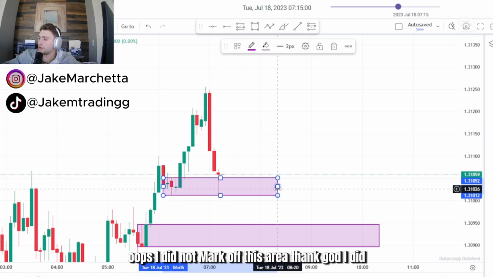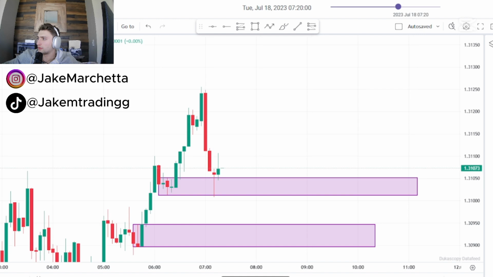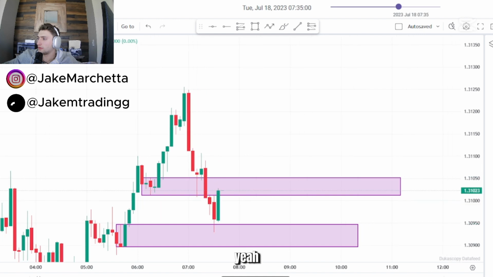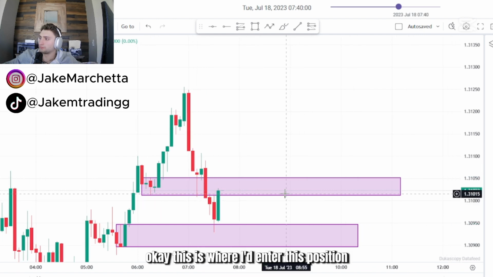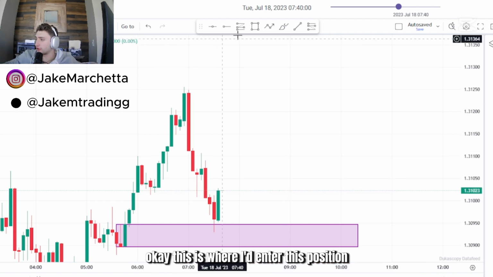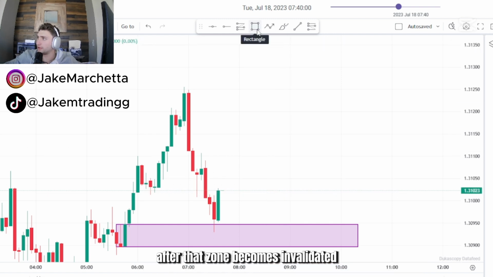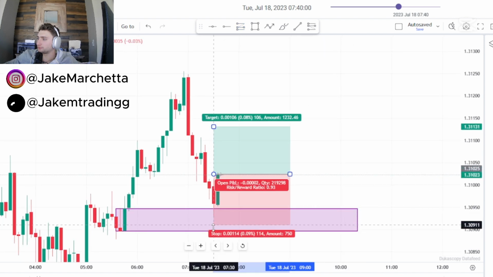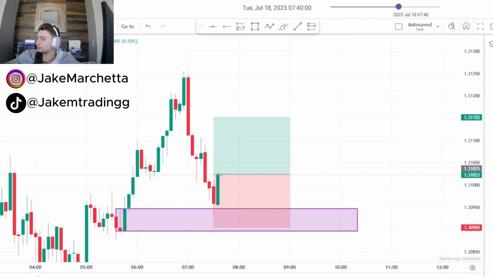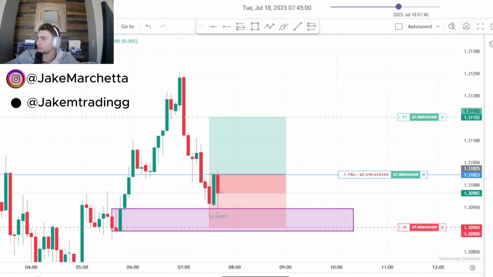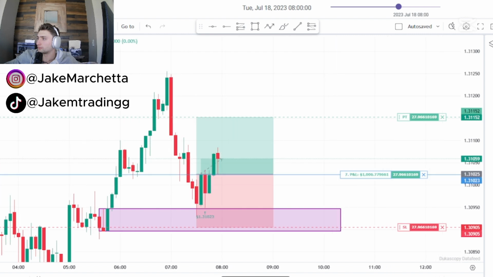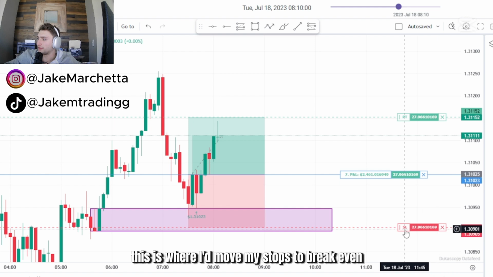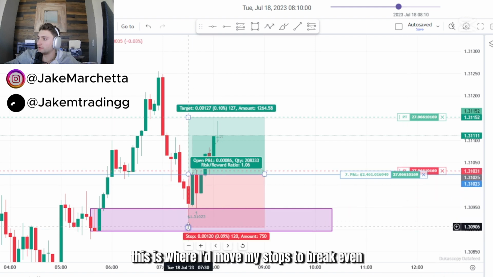Thank God I did. Okay. This is where I'd enter this position after that zone becomes invalidated. We do break that structure to the upside. This is where I'd move my stops to break even.